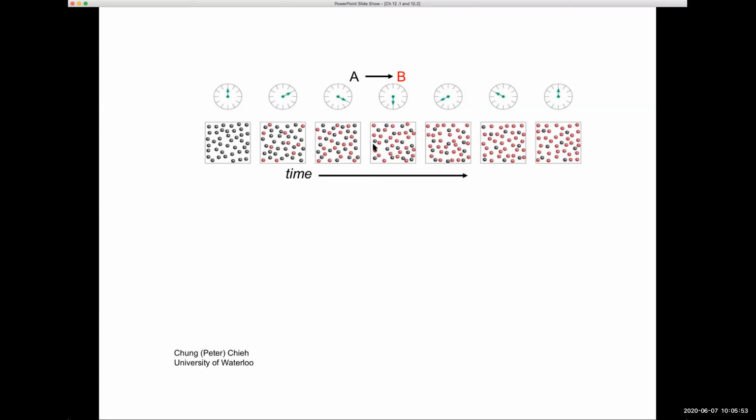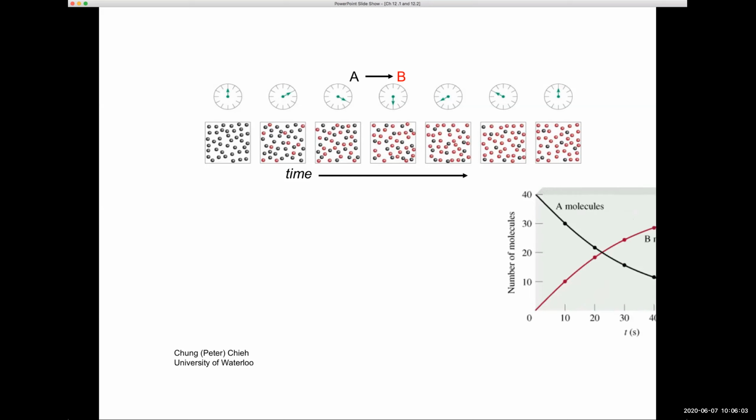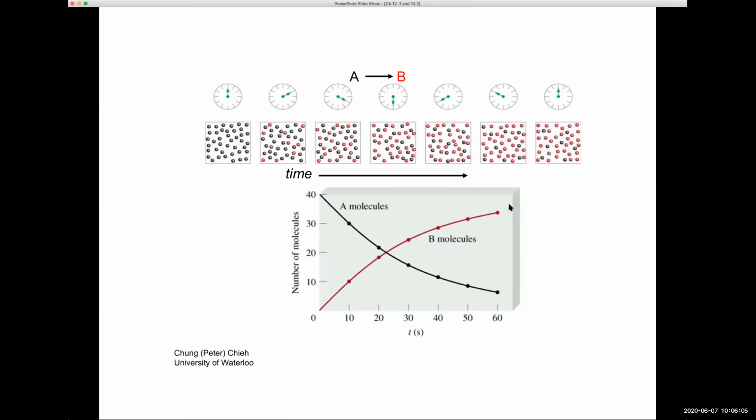And as we go on, the number of B molecules increases and the number of A molecules decreases. So what would that look like if we plotted this? Well, that's what it would look like. So the A molecules are going to decrease and the B molecules are going to increase. So that's typically how you would show a chemical reaction graphically.